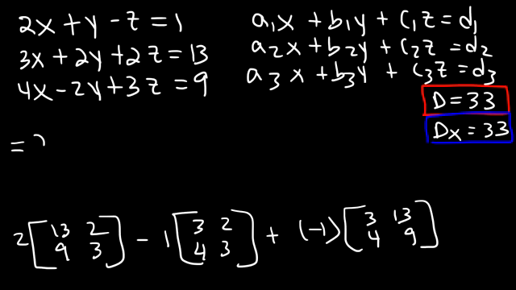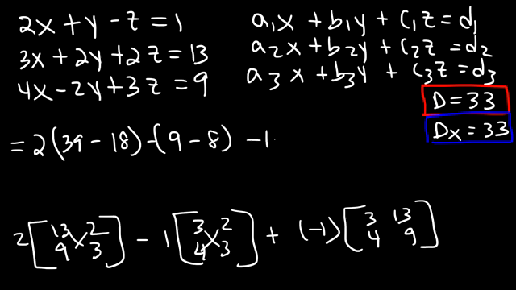So this is going to be 2, and then 13 times 3 is 39, minus 2 times 9, which is 18, and then 3 and 3 is 9, 2 and 4 is 8, 3 times 9 is 27, 13 times 4 is 52.